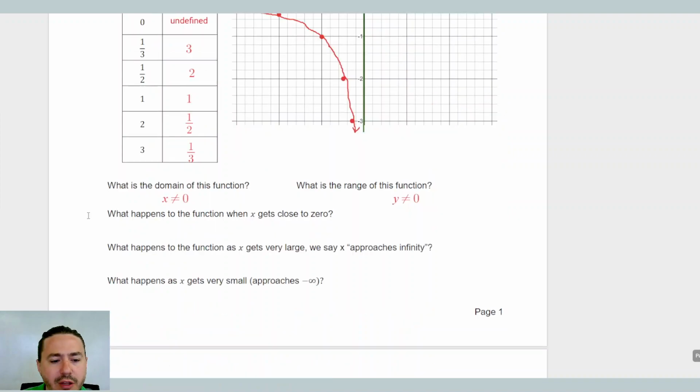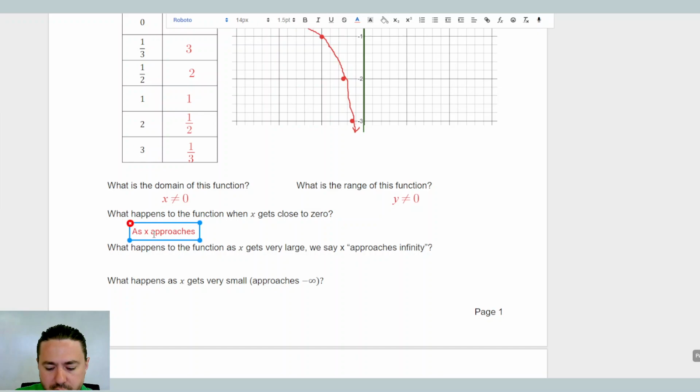approaching the vertical asymptote. So we can say something like, as x approaches 0 from the left, y approaches -infinity.